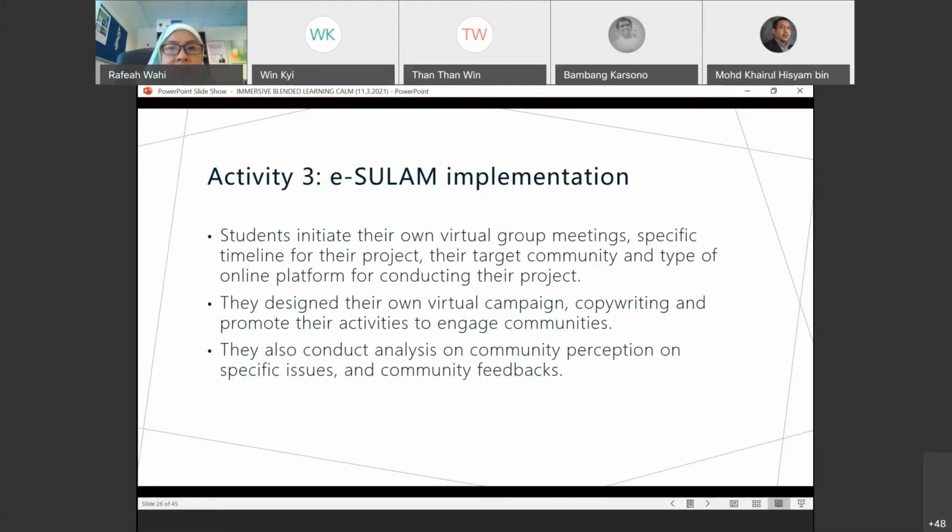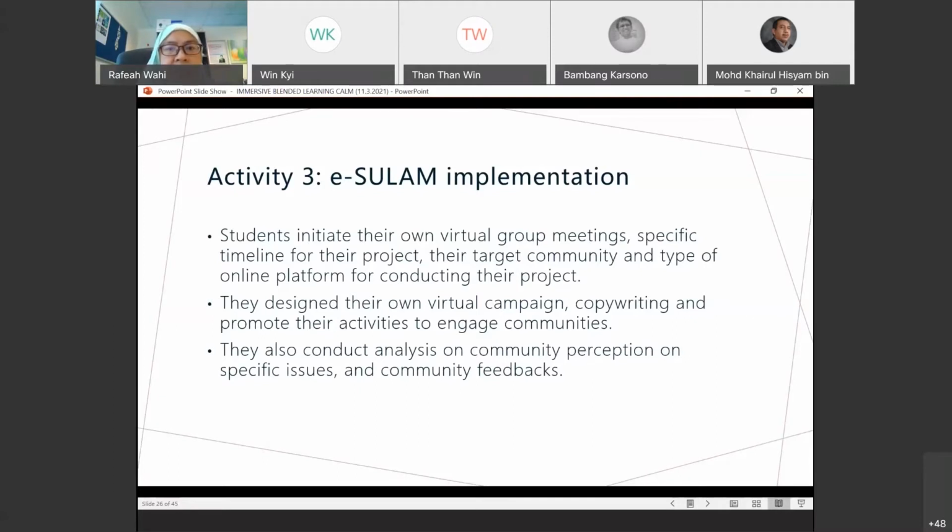Okay. They decide their own target community. They decide their own online platform for conducting the project. They design their own virtual campaign. We have no say about this, but of course we have to monitor, because we still have to look at the criteria of SULAM courses and whether our students are adhering to UNIMAS rules and so on.